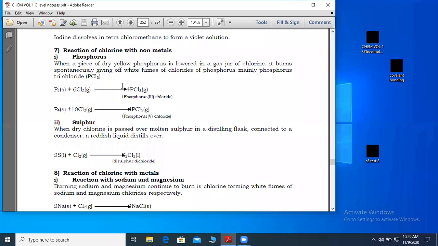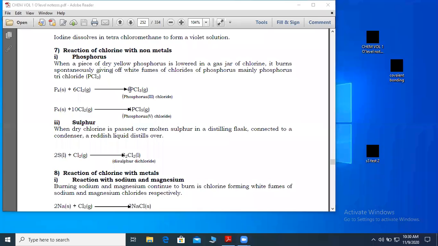This is the same thing that happens with oxygen, remember, when phosphorus burns in oxygen, it also forms 2 oxides. There is phosphorus 3 oxide or phosphorus trioxide, then there is phosphorus pentaoxide or phosphorus 5 oxide. So keep remembering that chemistry.